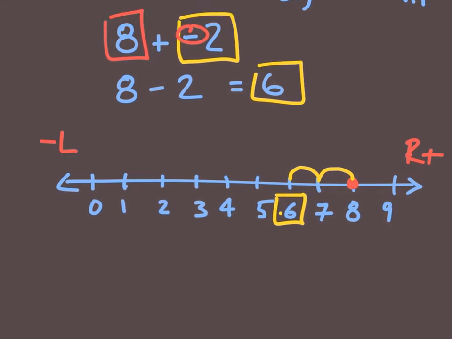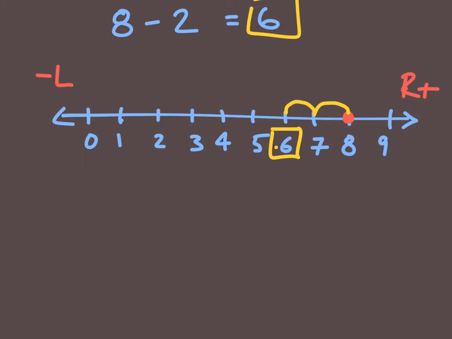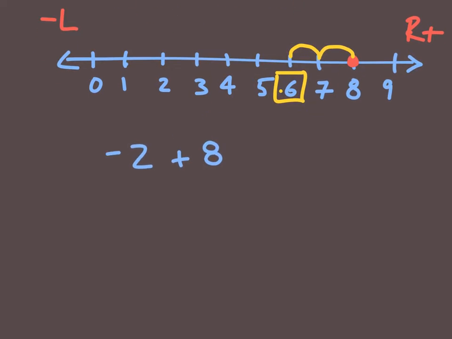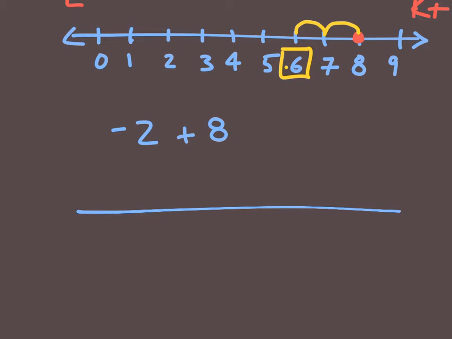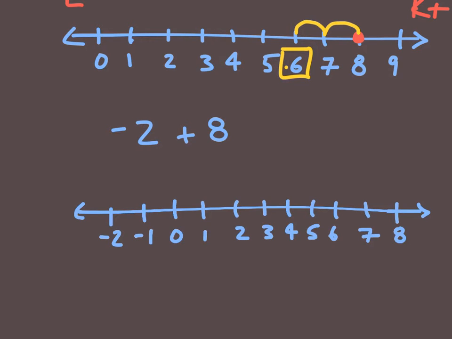Now, the other thing that you can do here, you can reorder this, all right? The commutative property is still going to work. So if I had -2 plus 8, let me show you that on a number line, all right? Let me number this. And what I would do is plot my -2 on that number line. Here's my starting point.